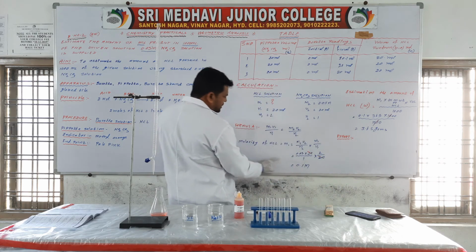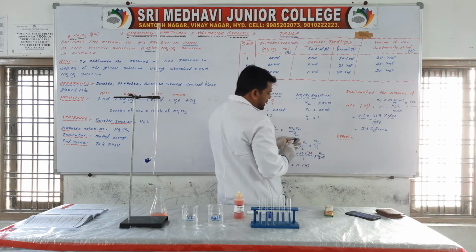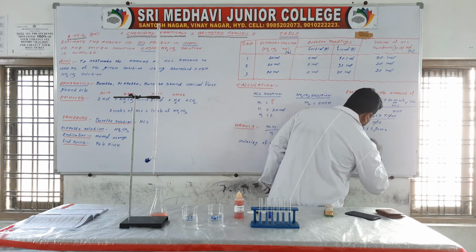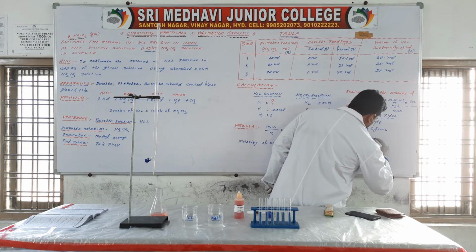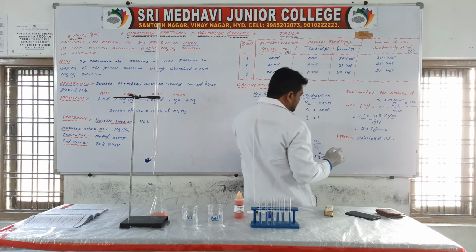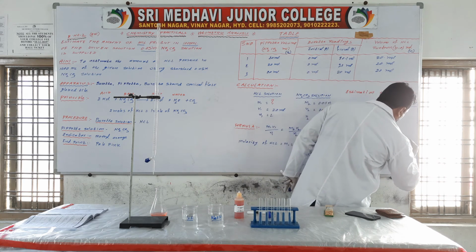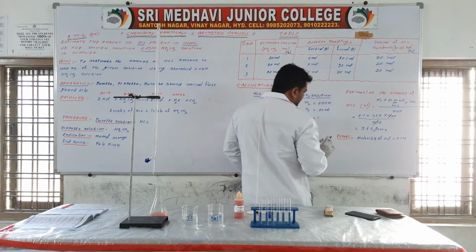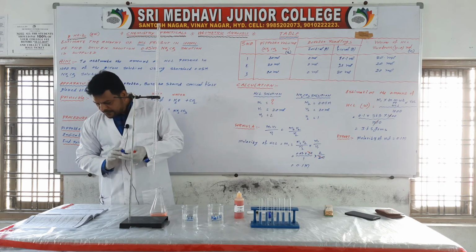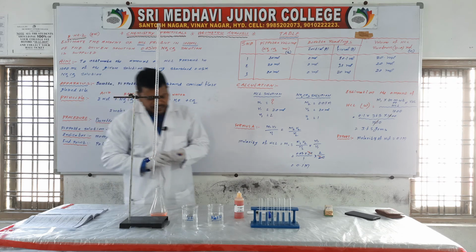So this is the molarity of HCl. You have to write the report. In the report, molarity of HCl is 0.1 molar. Next, in the report you have to write one more thing: the amount of hydrochloric acid present in 1000 ml.